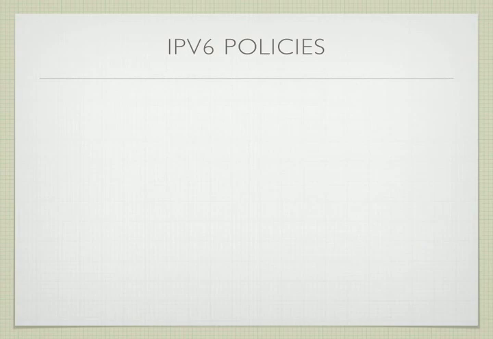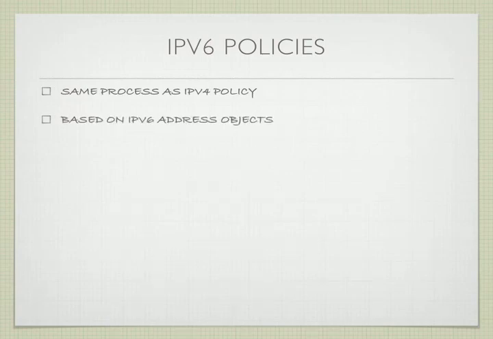Policies. Now that we have reachability, we can control traffic. By default again on ScreenOS, cross-zone traffic is denied, so you must have a policy for IPv6 traffic to cross zones. Policy processing is identical to IPv4 policy processing.